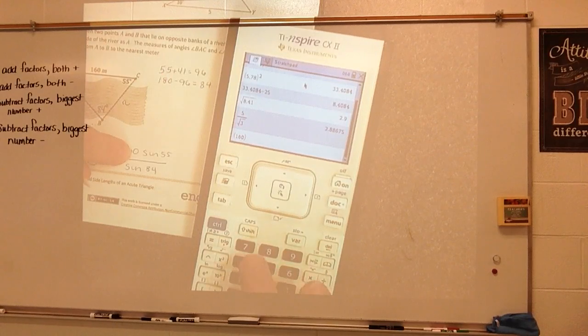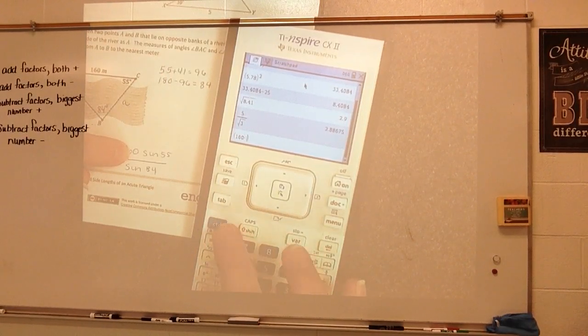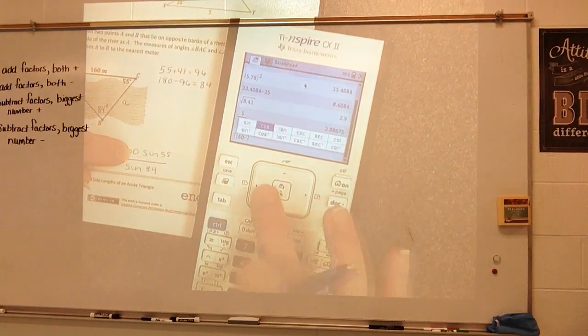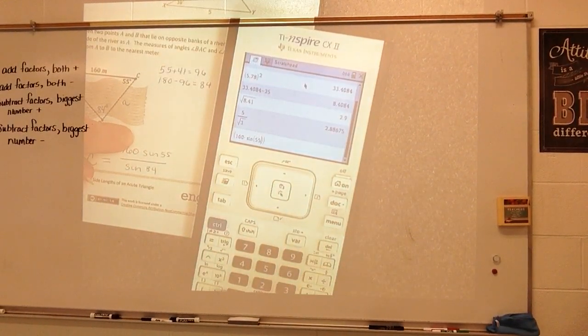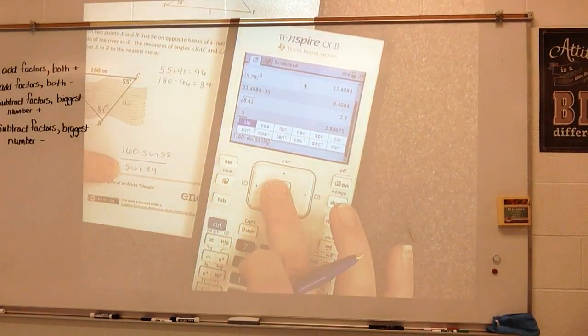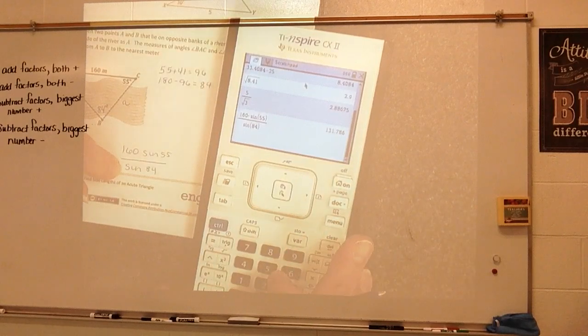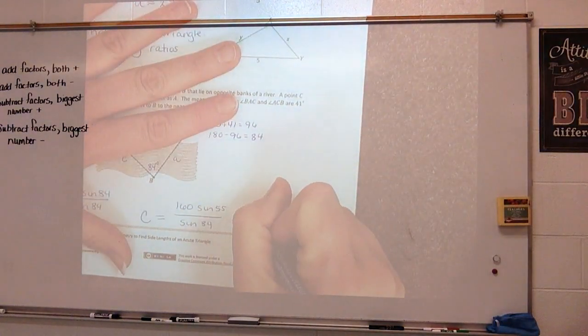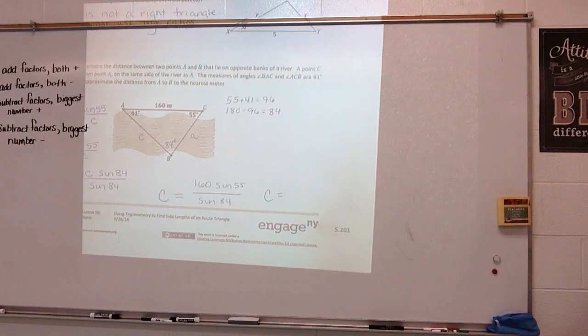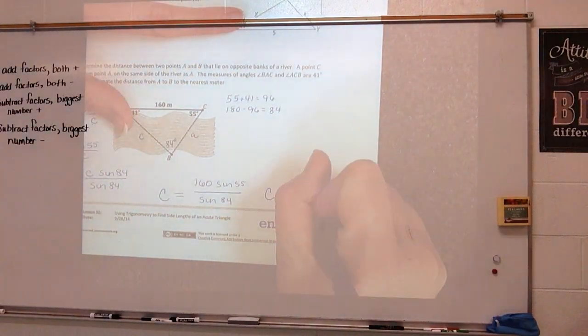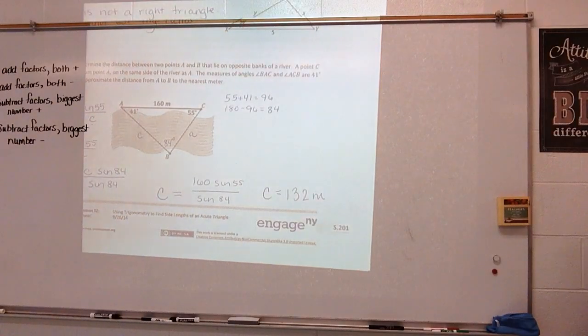So 160 times the sine of 55 divided by, parentheses, the sine of 84, and I hope with the glare that I entered that correctly, and I would get 131.786, so we're going to say C is equal to, and round to the nearest meter it says, 132 meters.